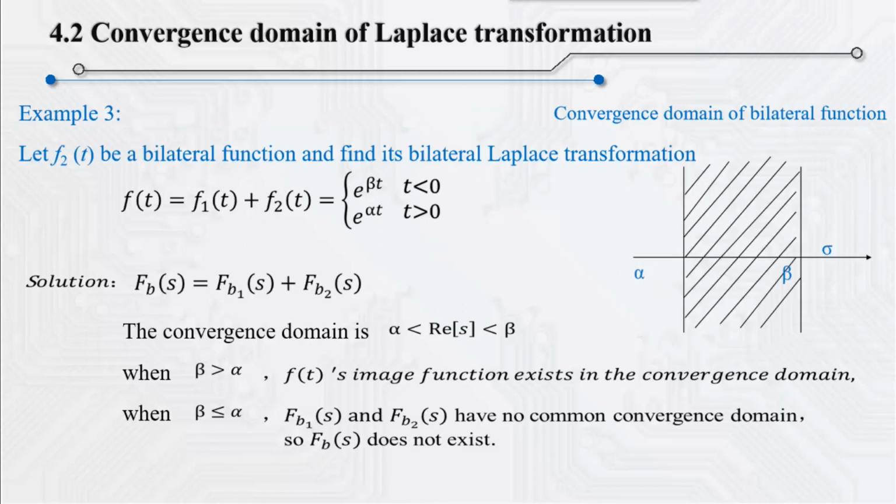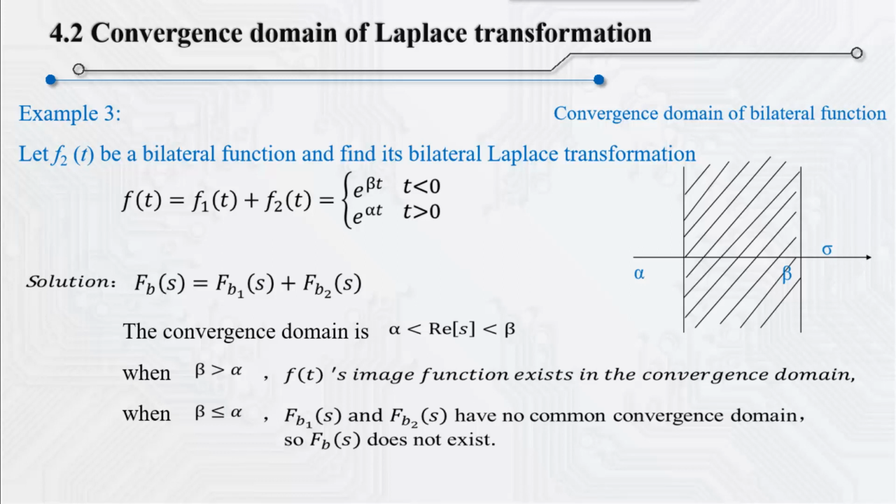Example 3. Set f(t) equal to e to the power of beta t when t is less than 0, and e to the power of alpha t when t is greater than 0. It is a bilateral function. Solve its bilateral Laplace transformation. It is the sum of the two examples we talked about earlier, that is, f(t) equals f1(t) plus f2(t).